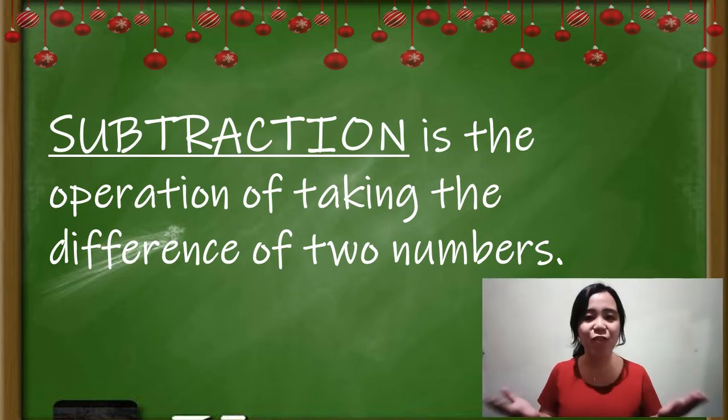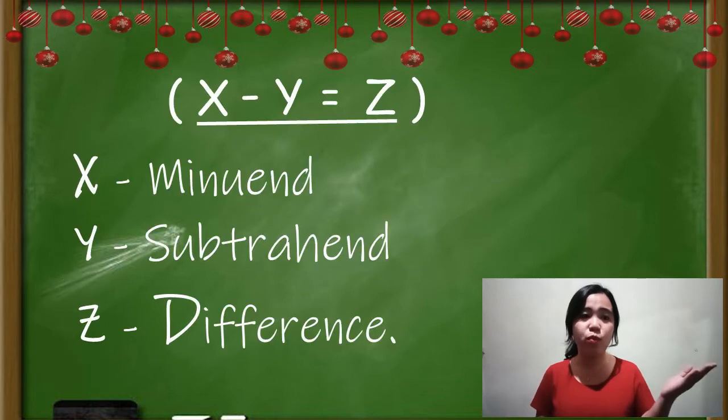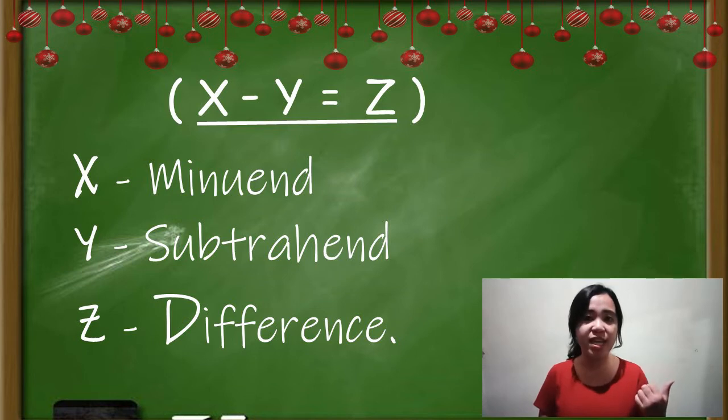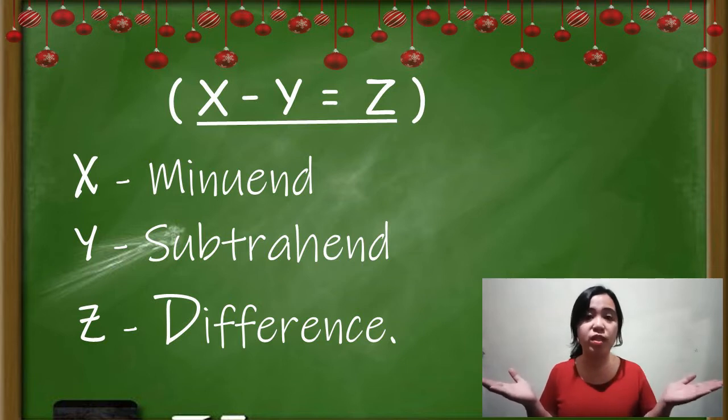So I have here the three parts of the subtraction. The minuend, which is the x, the subtrahend, the y, and of course the letter c, which is the difference. So therefore, the difference is the answer when you subtract the subtrahend from the minuend.